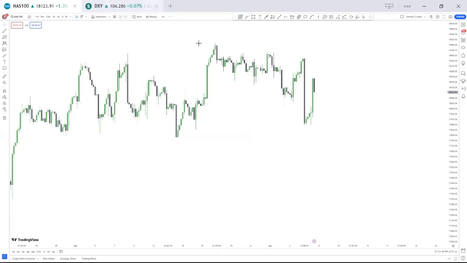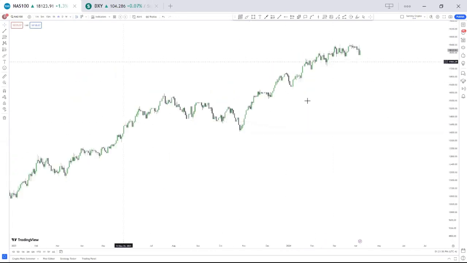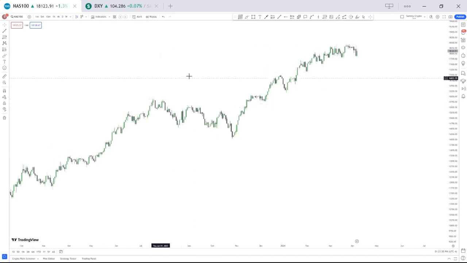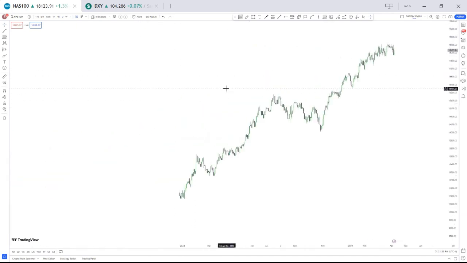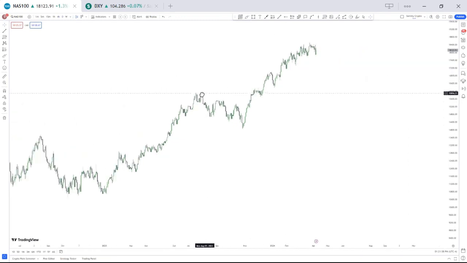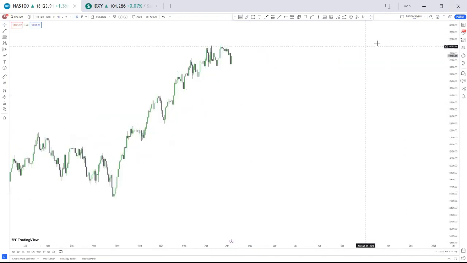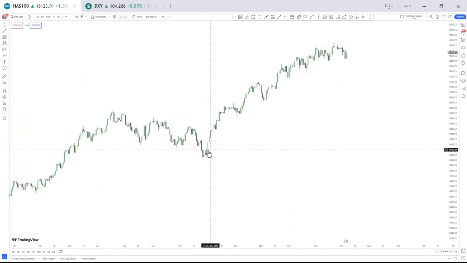You can find out your bias from the daily time frame, or from the 4 hour time frame. If you know me very well, I mainly trade Nasdaq. For the past 6 months or thereabouts, we've been in a bullish trend, an uptrend, ever since price dropped this low towards the end of October.